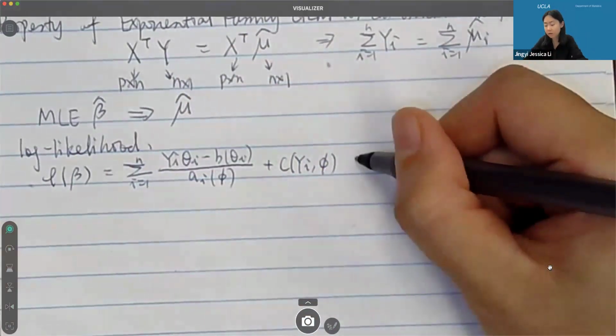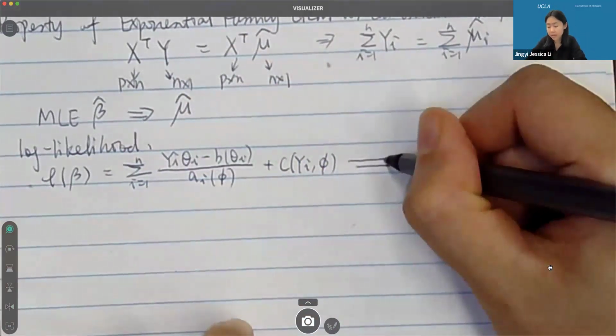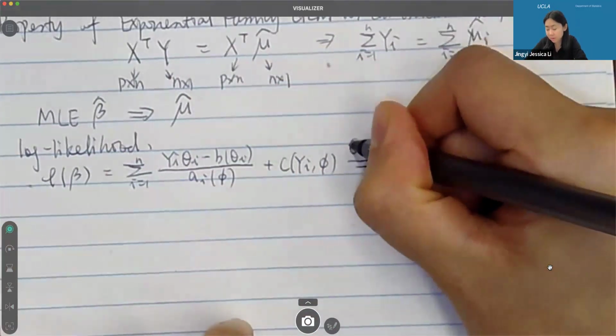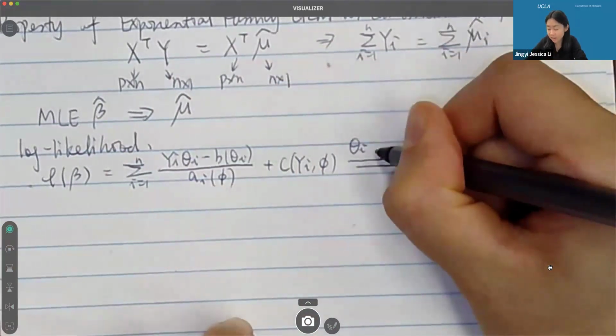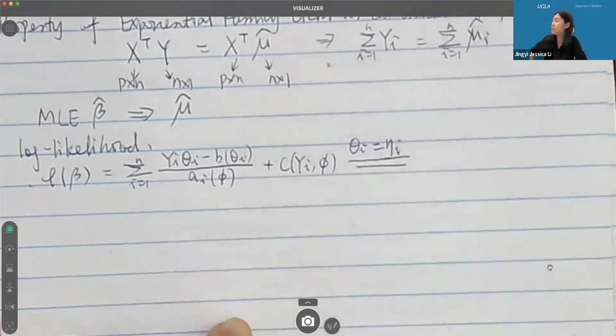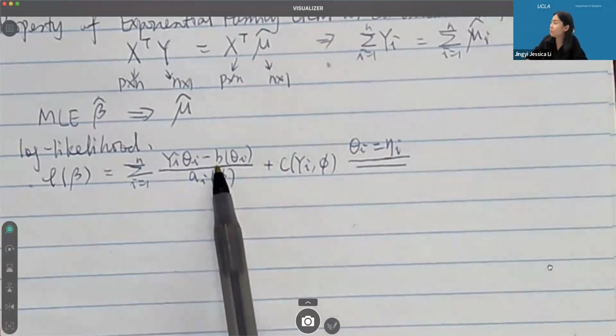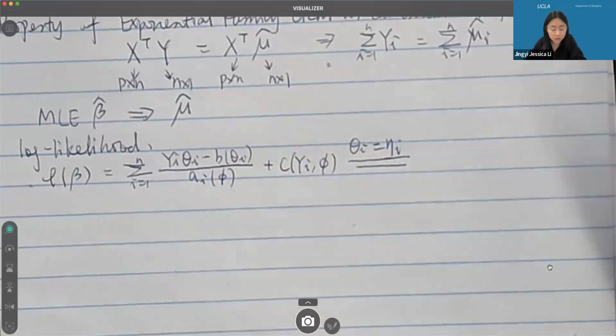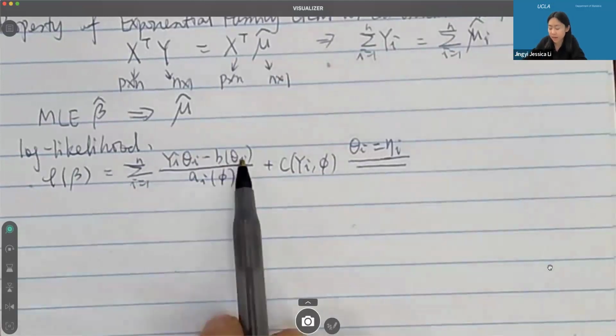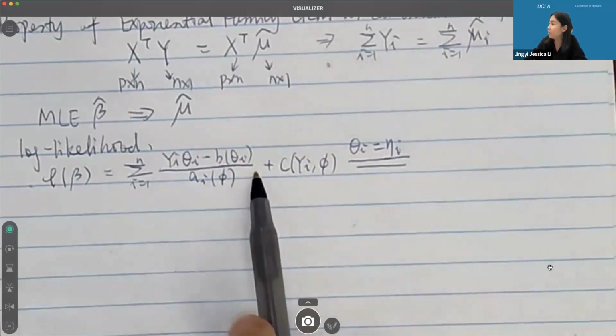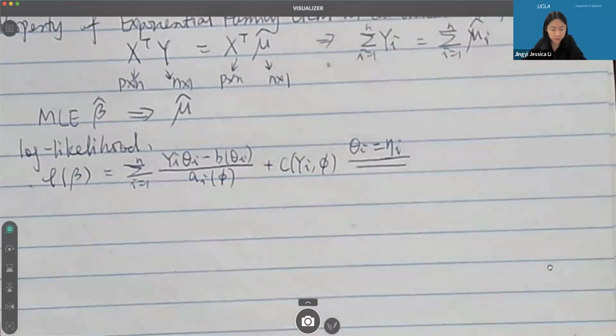And for the canonical link function, if you still remember, theta i equals eta i. That's how we derive that the link function g should be the inverse of b prime, because the expectation of yi is b prime theta i. So we go from there. That's how we derived it.